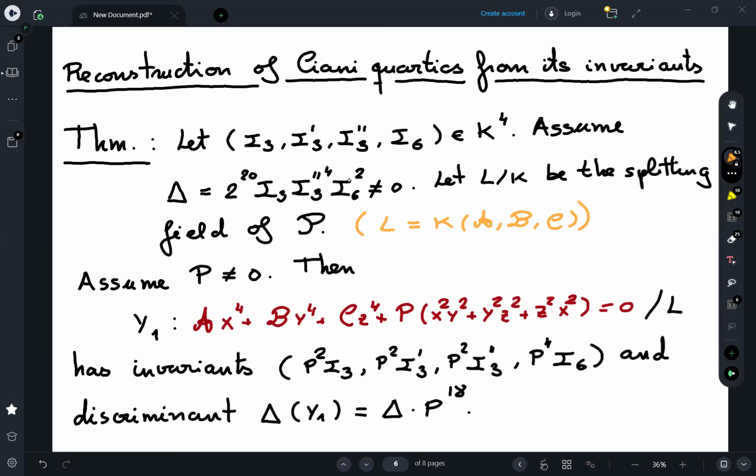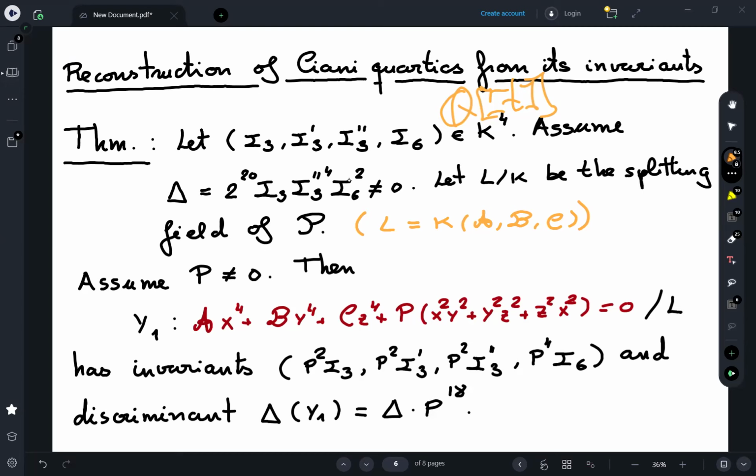In my mind, I always have Q_p. But if you prefer a more geometric setting, you can also think about Q double square bracket T. You know, you have a family with a parameter and you're going to make the parameter equal to 0, as you prefer. So you fix the value of your invariants. You assume that you start with something that in theory gives you a smooth curve, so with discriminant different from 0.